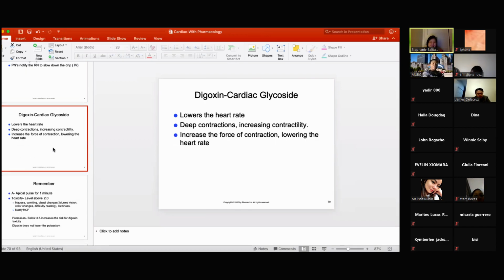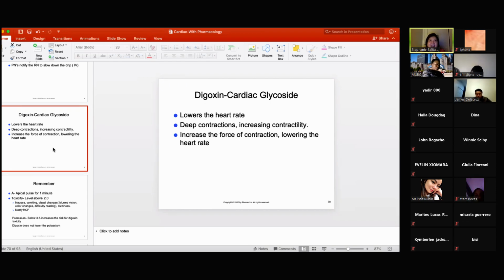Now we're on to the D's. Digoxin, which is a cardiac glycoside. As we said, digoxin lowers the heart rate by increasing contractility, increasing the force of contraction.